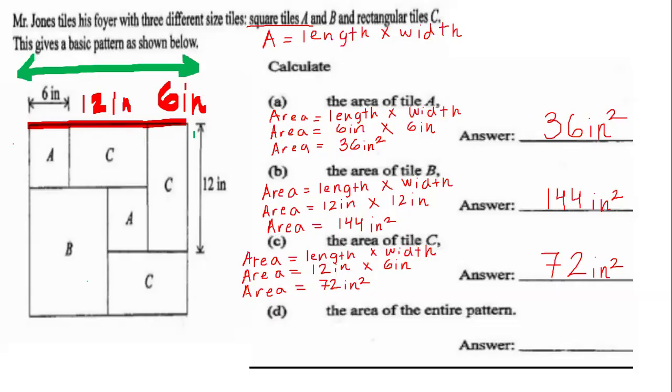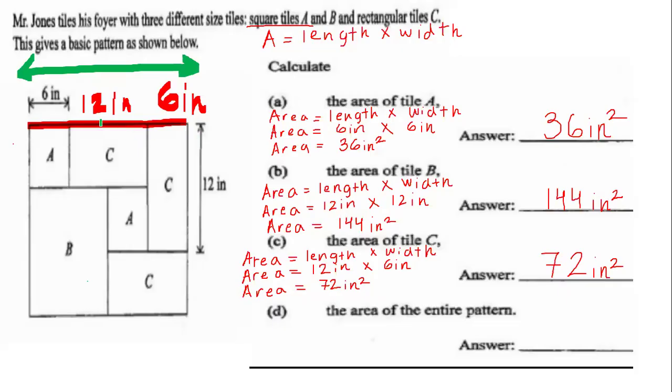Yes, it has to be. Because they told us that this is 12 and this is C. Even though the shape looks weird because I pushed it together so I can make space, all of the long sides are 12 for C. Make sense? So that's how we got that.